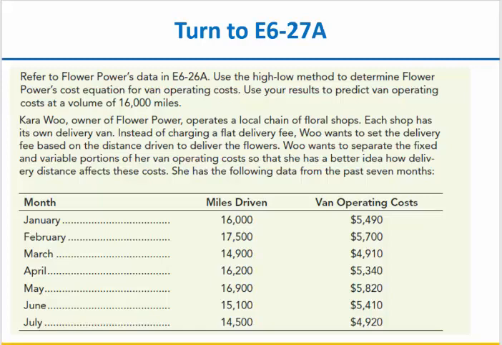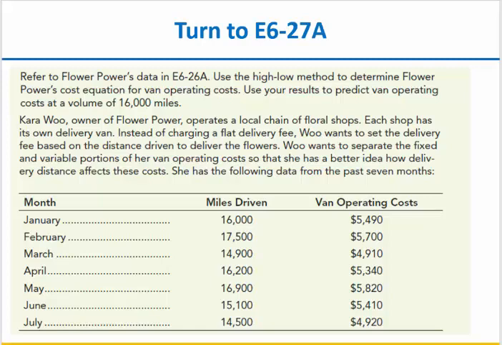So I would write down these two numbers for me to use. I will have 17,500, and the operating cost is about 5,700. Then for July, 14,500, and the cost is about 4,920.